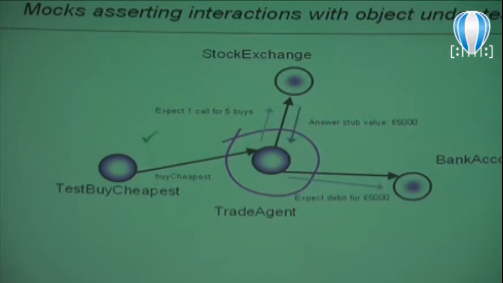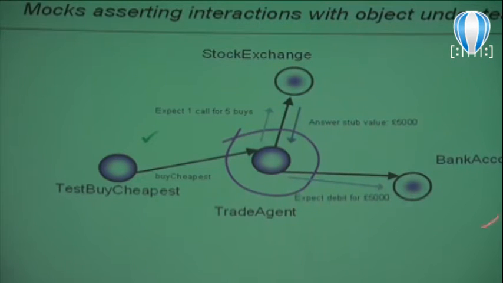And so the idea was that by composing things, by saying that a trade agent is composed of a stock exchange and a bank account, I could put in fake implementations of these things that were instrumented with these constraint objects. So while I was writing the test, I could say, I am expecting 5 buys, and if you do call me, then I'll say that everything's fine, and I'll return a value for you.